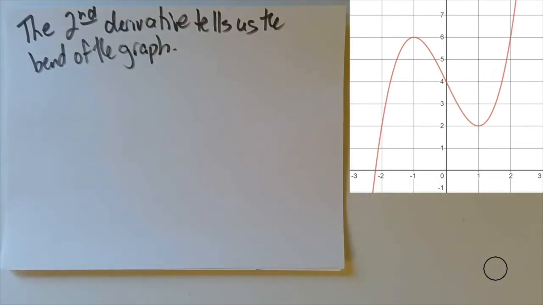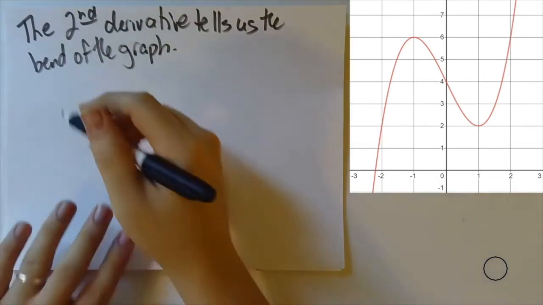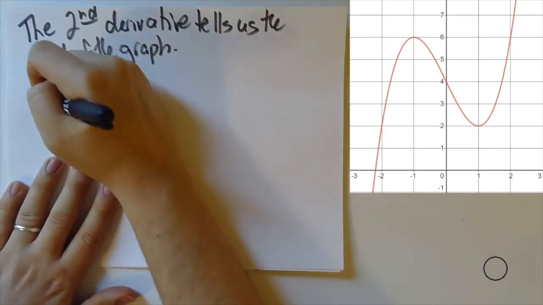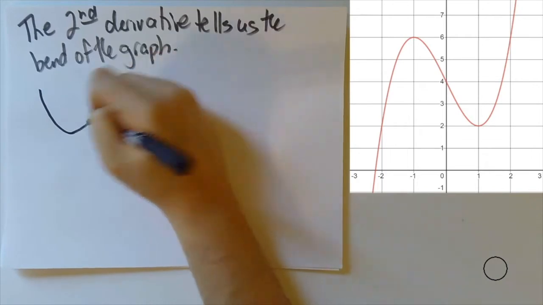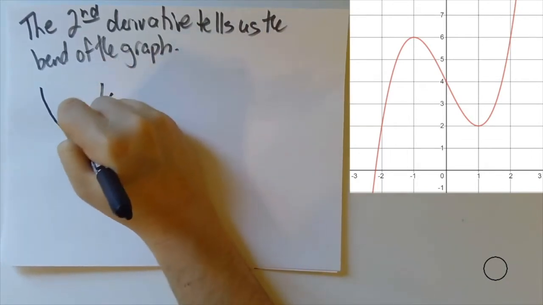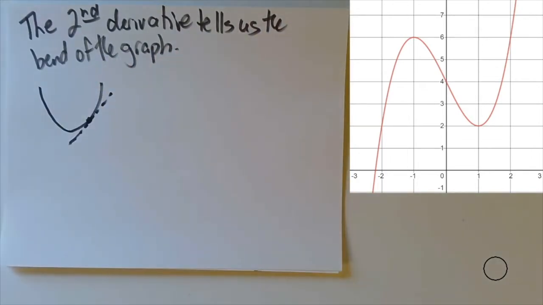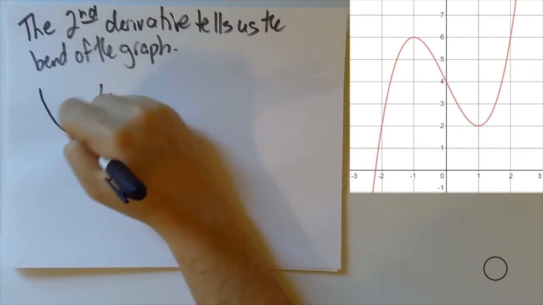And I want to spend just a second telling you why that's true. So if I look at a graph like this, and I draw in the tangent line here, so this is just the tangent line at that point.